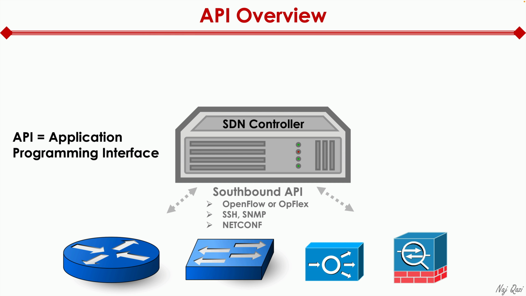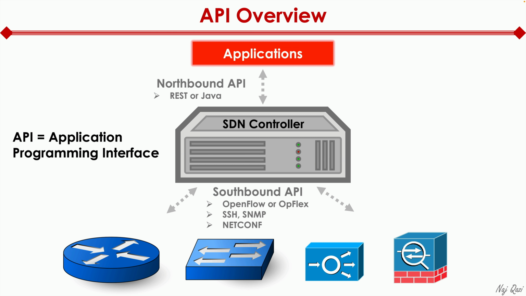Basically, everything we did in the past with CLI and a lot more can now be done using the SDN controller through GUI and using APIs. And from a northbound perspective, what we have is a northbound API. And typically, northbound APIs use RESTful or REST APIs and sometimes Java APIs.